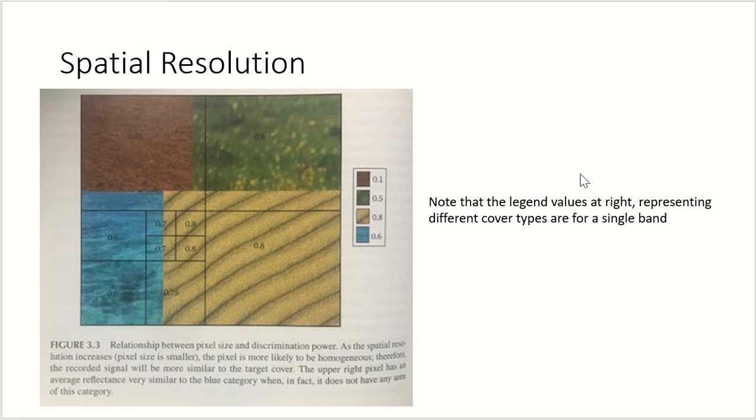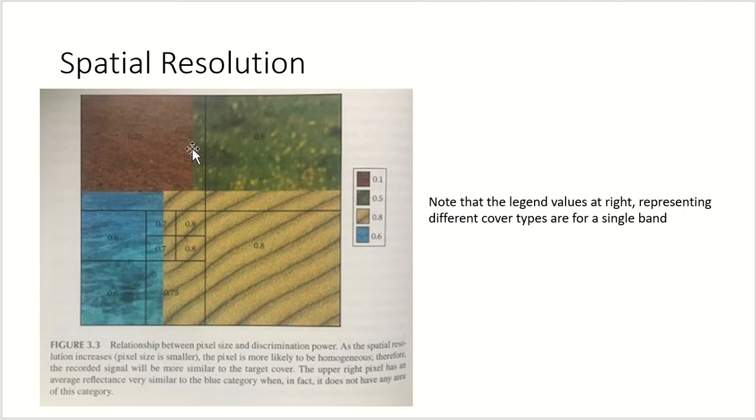So spatial resolution is described here in figure 3.3 in the book. I think figure 3.3 is a very good figure, and it is a way that we can connect the lessons in chapter 3 to what we've seen before, namely spectral signatures representative of cover types.